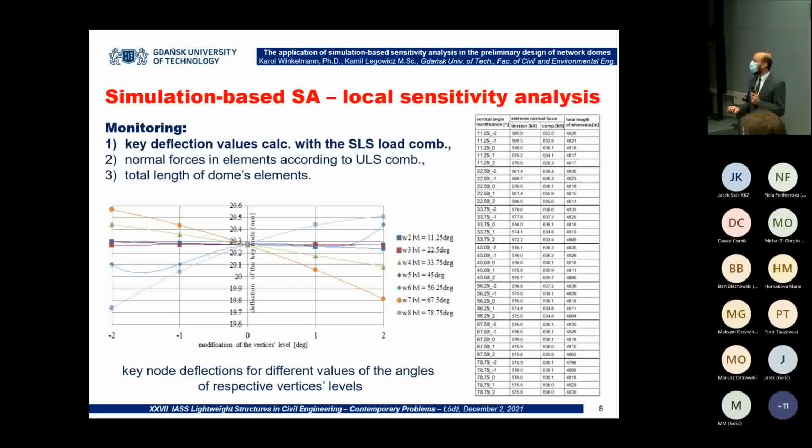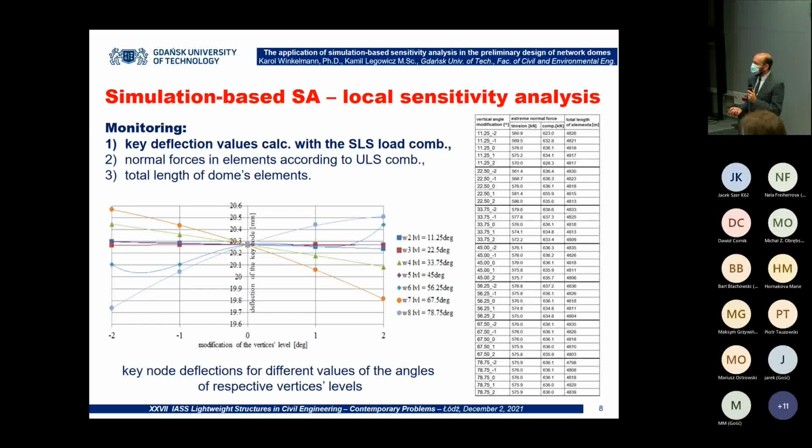rapidly. Upon the sensitivity analysis, we have found that some levels really impose a high influence on the response of the entire model. And upon those numerous calculations, we have concluded that some levels, as you can see, level number 7, level number 8 to a greater extent, and levels 4 and 6 to a lesser extent, influence the structure much.